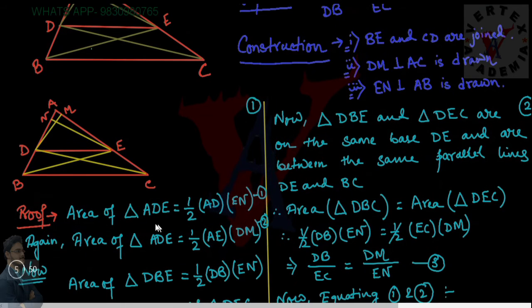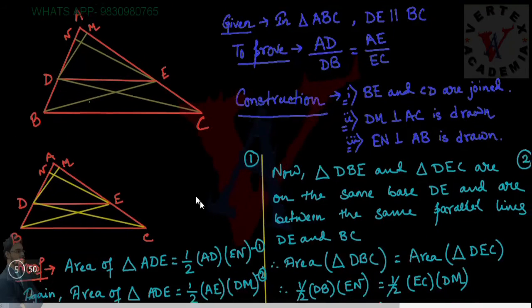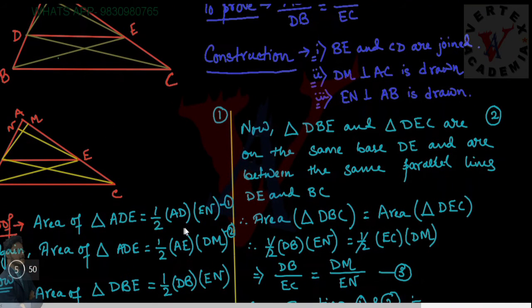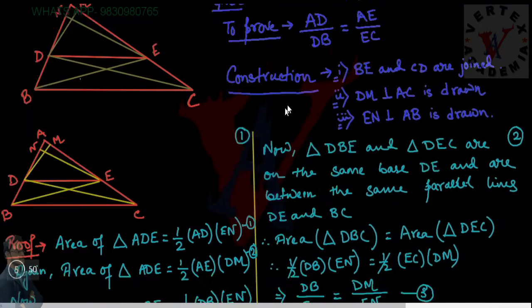In triangle ADE, you see that in the first case I have included AD, and in the second case I have included AE. So basically I am approaching towards the solution. That's why I selected triangle ADE, because in that triangle I have these sides, and maybe after some time with some algebraic manipulations I can get to my desired result.